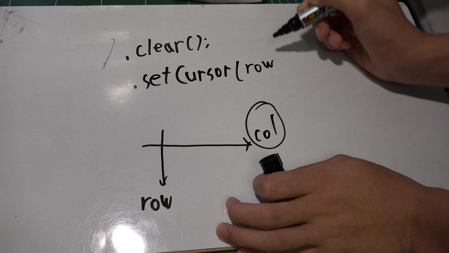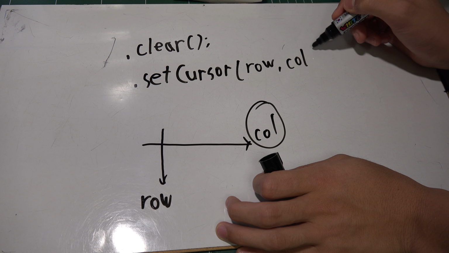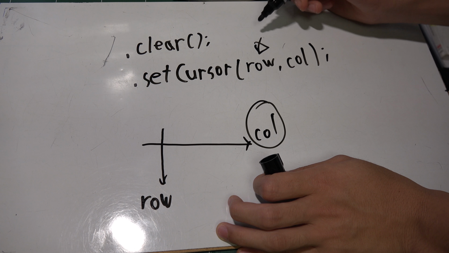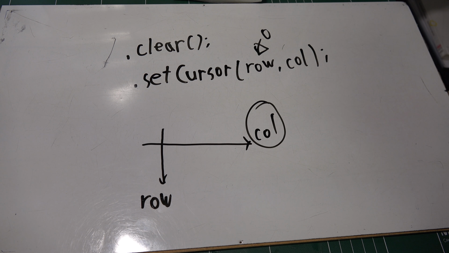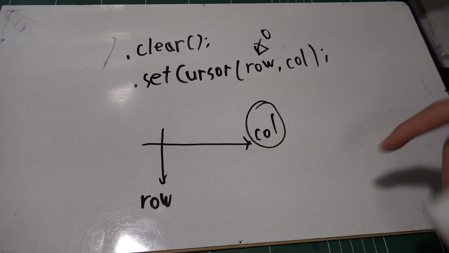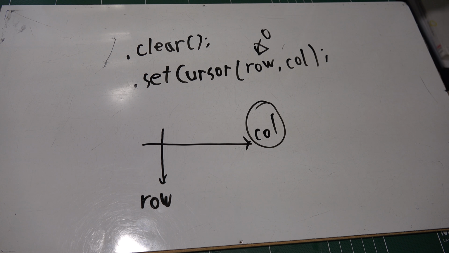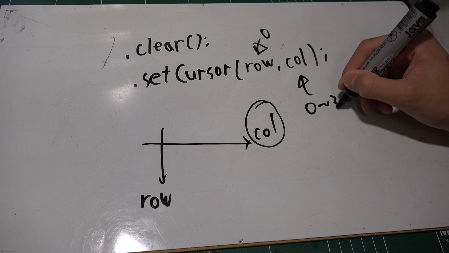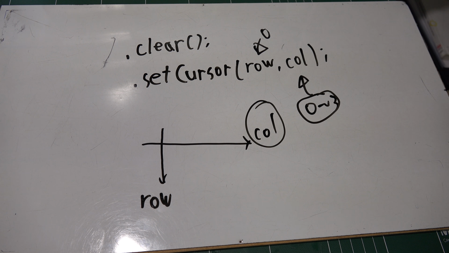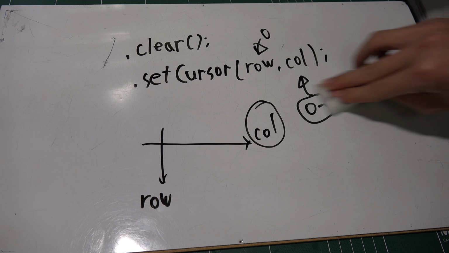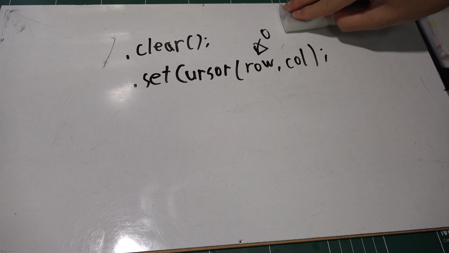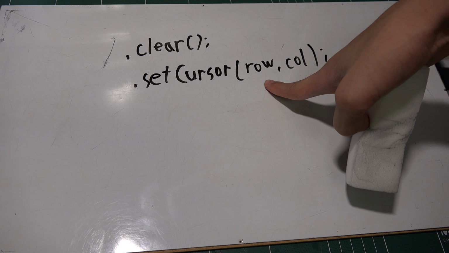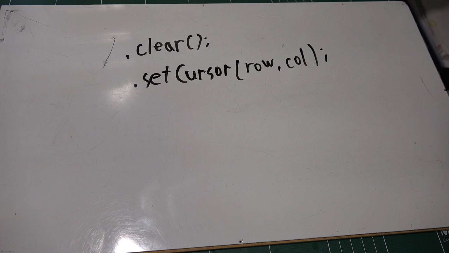You have to write a row and column, but for the row you must write 0, since we do not have any row. And for the column you can write 0 to 3. So you must write 0 for the row and 0 to 3 for the column. And then let's talk about column. As you can see, I will shut down this.